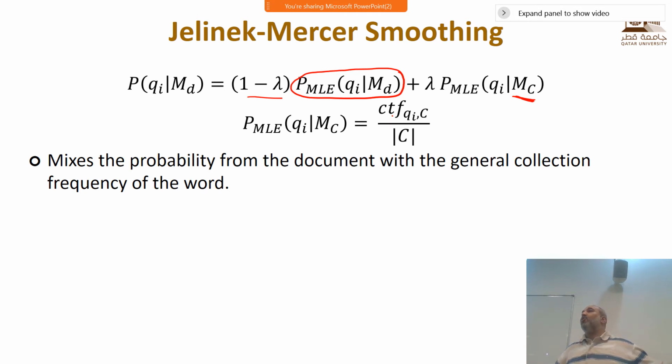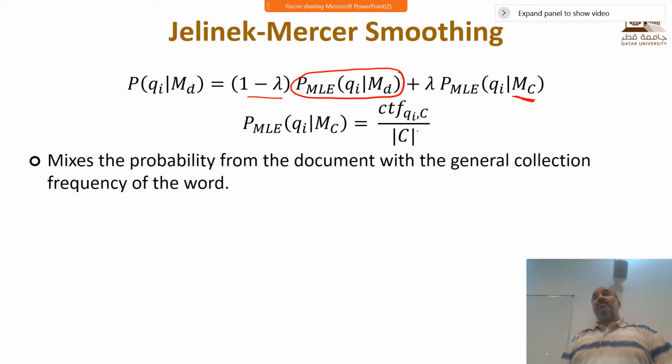So if I put all documents in one document, we call it the collection now. How many times did we see this word in that new document, over the length of that document?